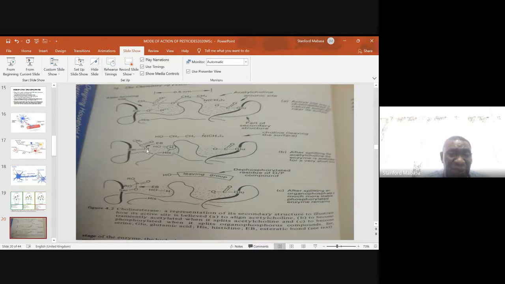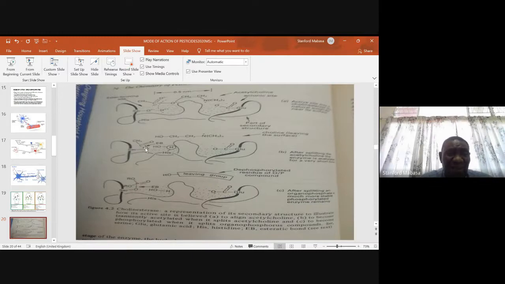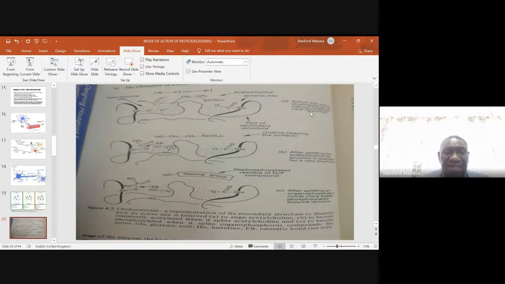But this part here is not permanent. Later on, it will break off, and acetylcholine is regenerated so that it keeps on combining with the enzyme after the message has been transmitted. But if we put an organophosphate at the end here, we create a permanent feature.